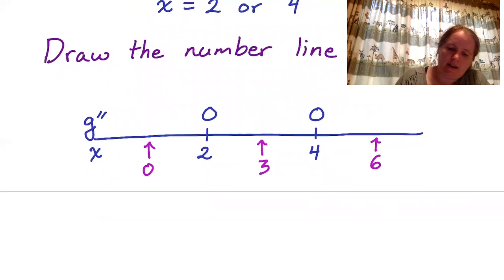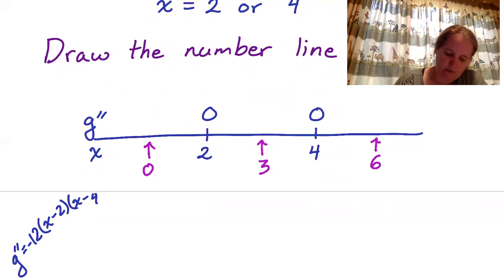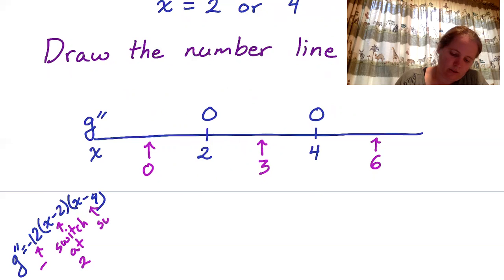Right? Then we are looking at g double prime equal to negative 12 times x minus 2 times x minus 4. So note that first factor is always going to be negative. This one will switch at 2. And this one will switch at 4.